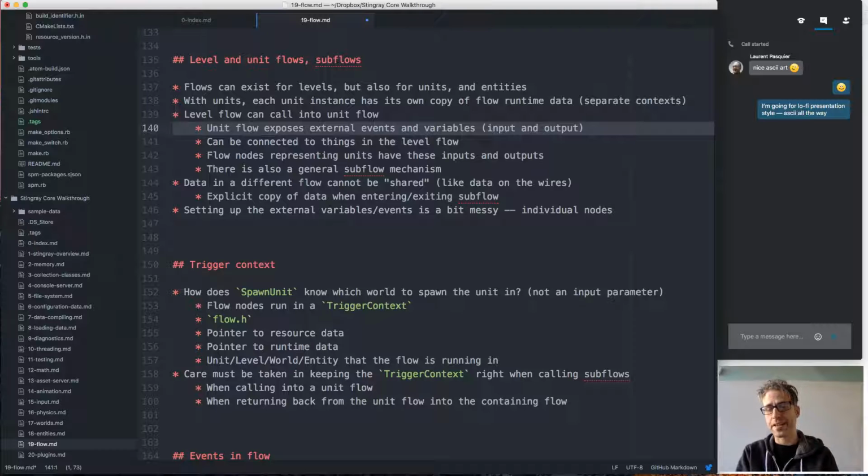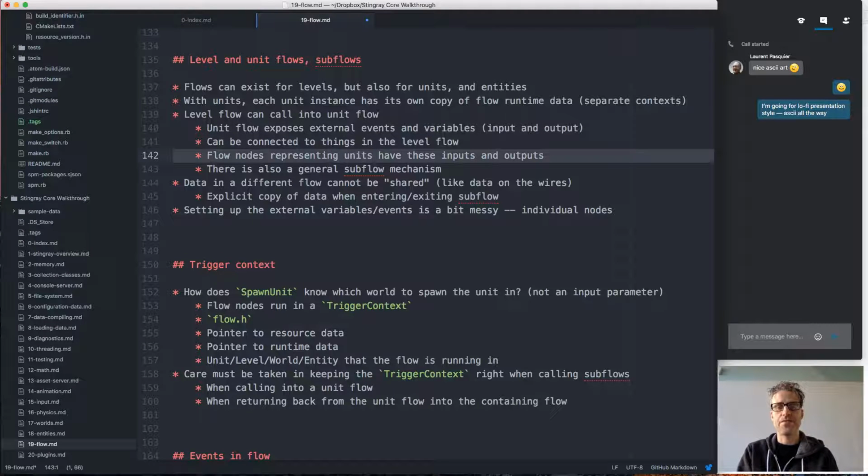So in the case of a door unit, instead of having a trigger in the door that opens the door automatically, the door could just expose an input event that is like open door. And then that could be connected to whatever in the level flow, so that the door was opened when the player stepped on a pressure plate or picked up a key card or whatever.